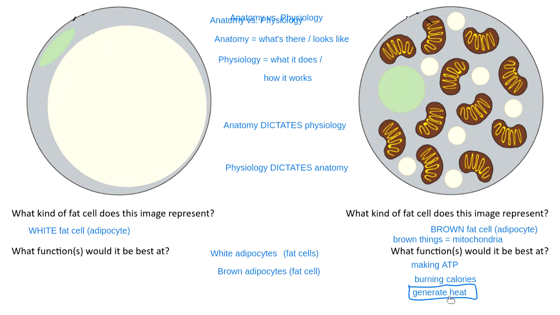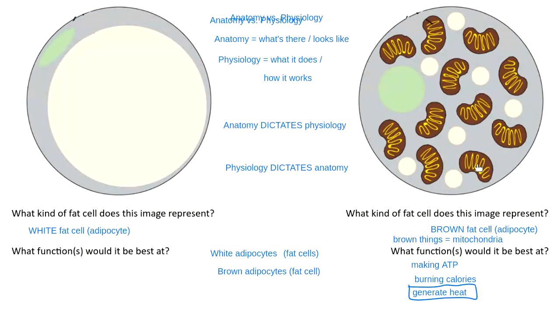So these cells, these brown fat cells in our body, their job is to generate heat. That's what we learned their function as. They burn calories and they generate heat. That's their physiology. So I look at their anatomy, and when it comes to things like burning calories, it makes sense. Yeah, my mitochondria, they burn calories to make energy for me.